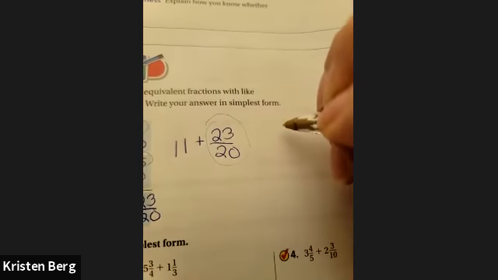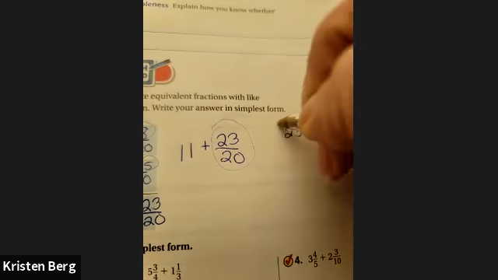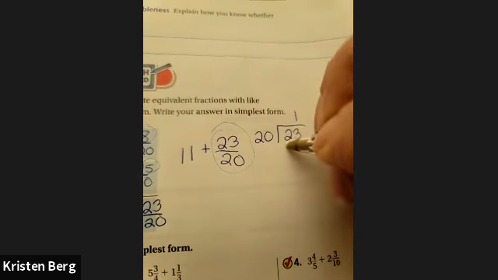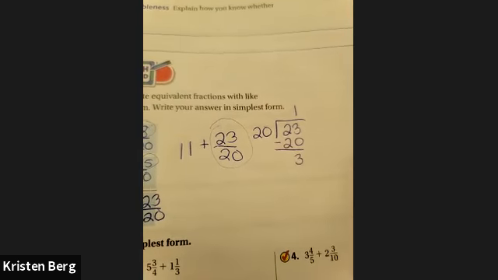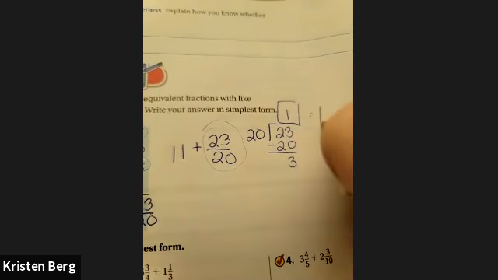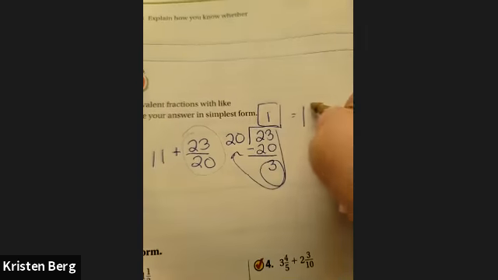So in order to change this, we are going to divide this out to see what it really means. So 23 out of 20. How many 20s go into 23? That is only once. So that would be 20. When you subtract, that would be 3. So the mixed number here is 1 whole and then 3 20ths.